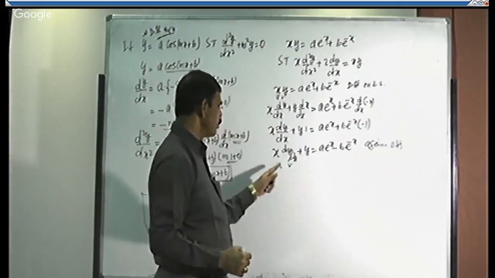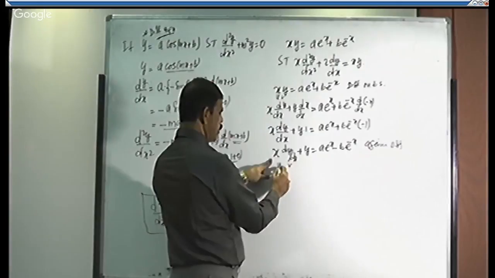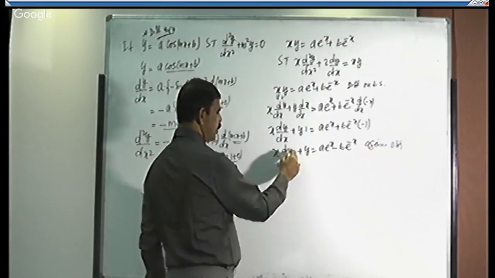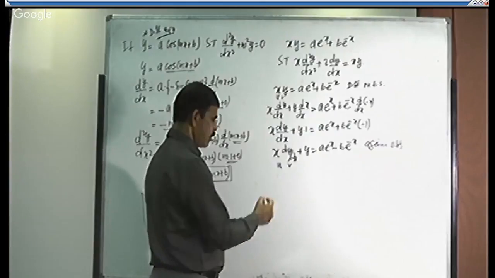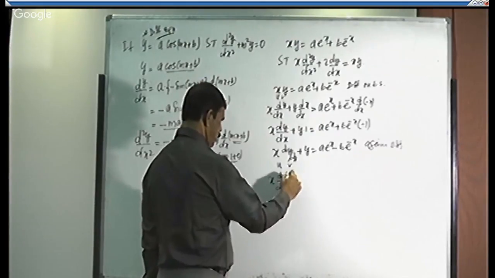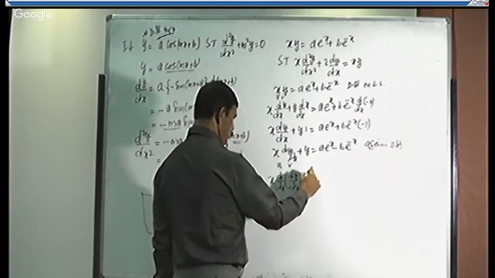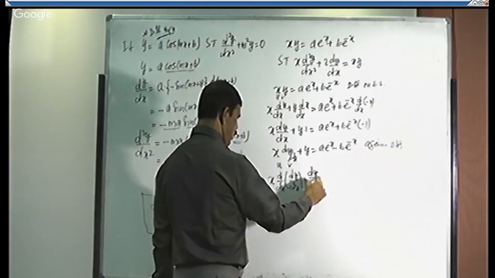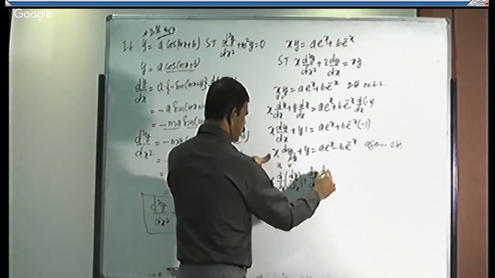No, what is it? First term is x into dy by dx. It is the product of x and a derivative, so again we have to use the product rule. See, x into d by dx of dy by dx, plus dy by dx, that is v, into d by dx of u, that is x.